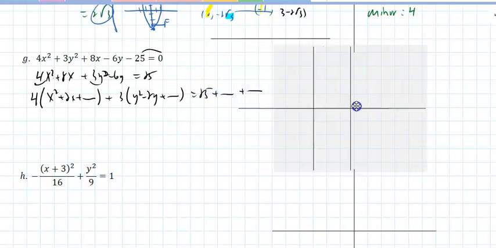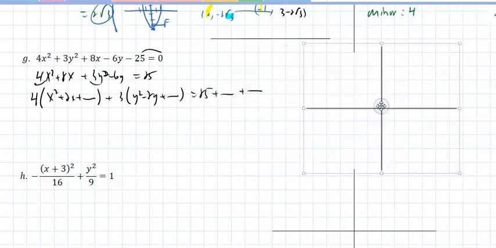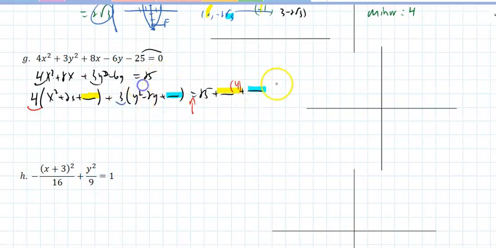Whatever number I add right there, that number is multiplied by 4. To keep this equation valid, I must multiply this by 4 as well. Whatever number I add right there, that's being multiplied by 3. To keep this equation valid, I multiply that by 3.